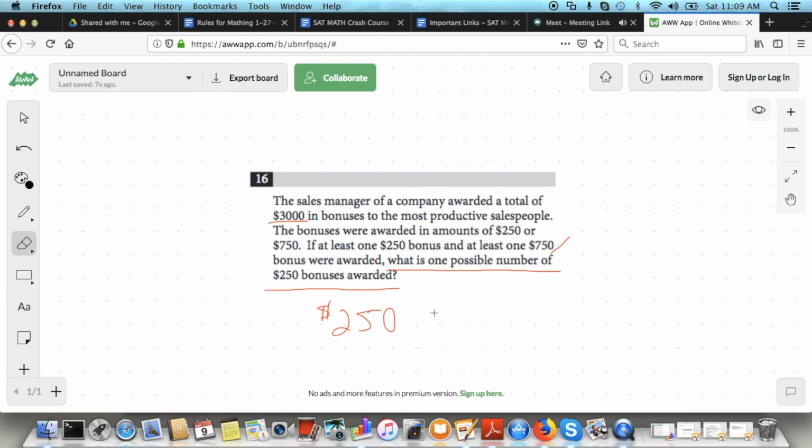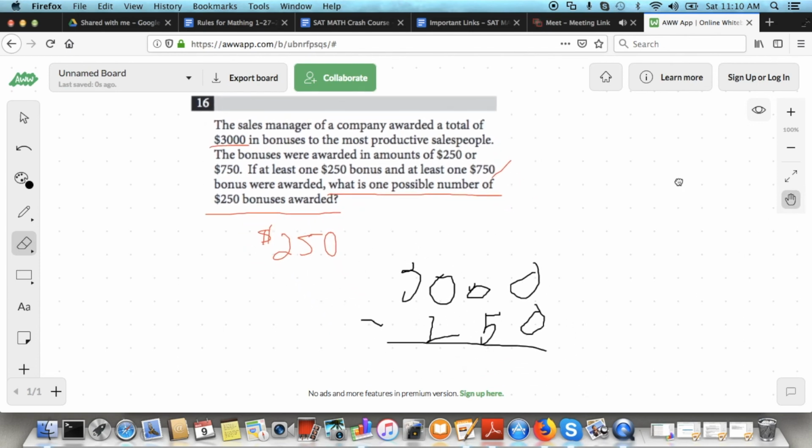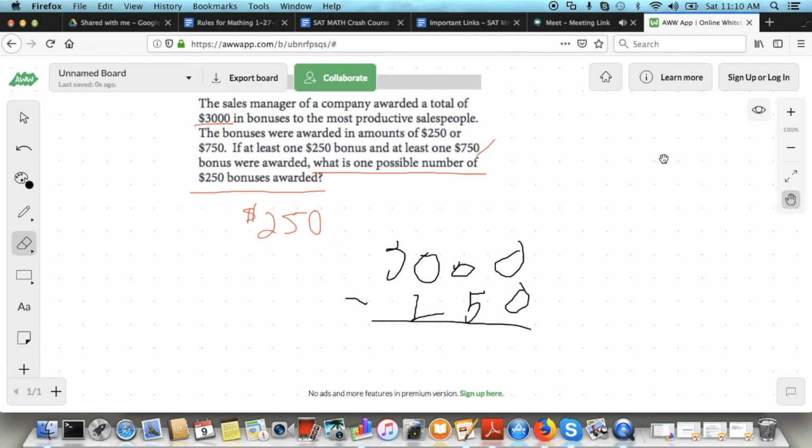Okay. 3,000 minus 250. All right, then that comes out to 2,750. Okay, is that divisible by 750? I think it is divisible by 750.